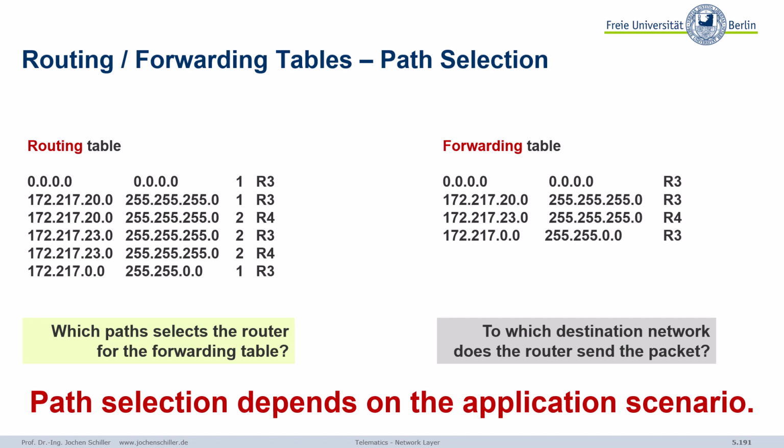So it depends in the end on the application scenario which path is best. Sure, if the internet doesn't know the application scenario, then it will try its best depending on the settings of the routers, but maybe this path is not the best for a specific application. So the optimum path really depends on the application. You cannot say this is always the best path.